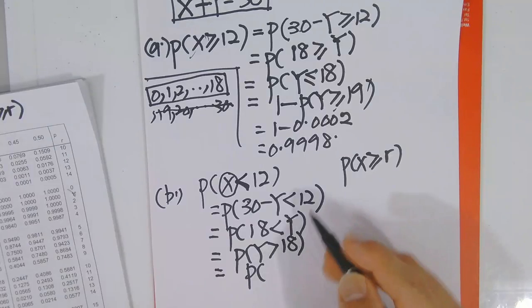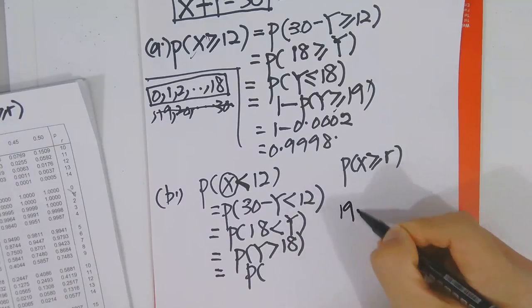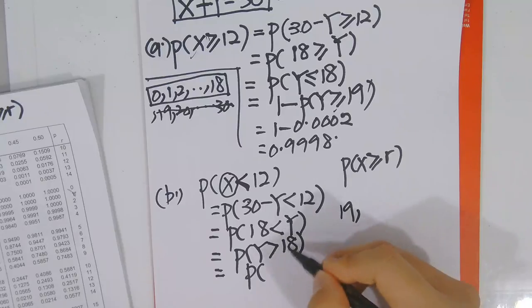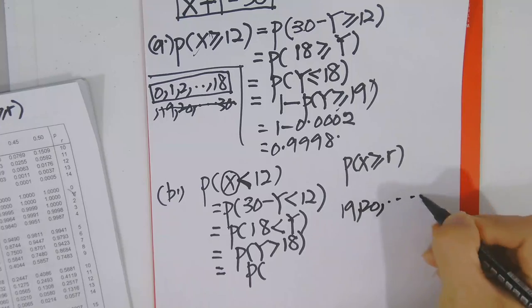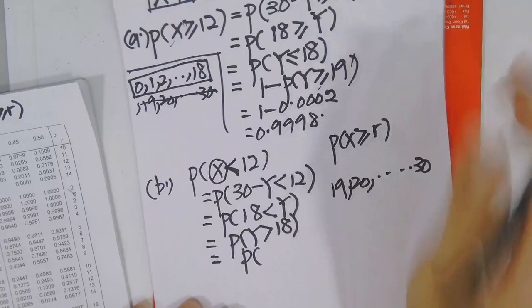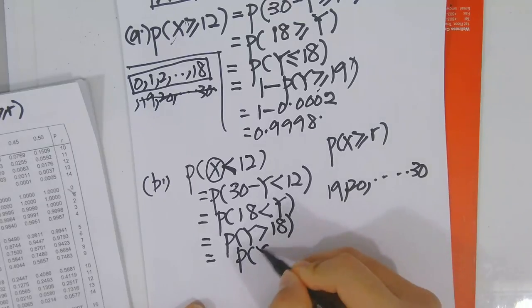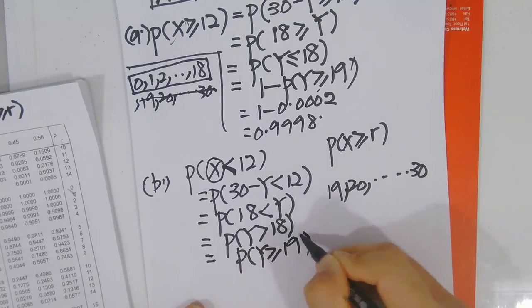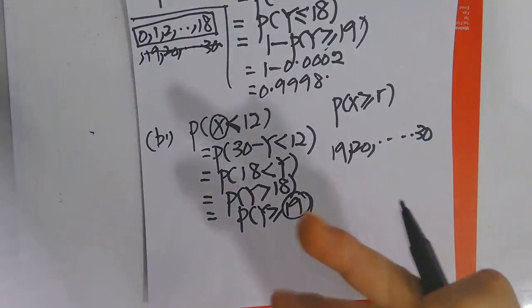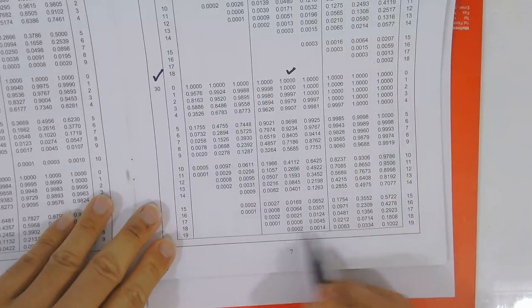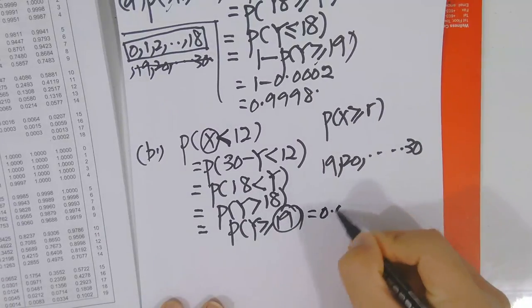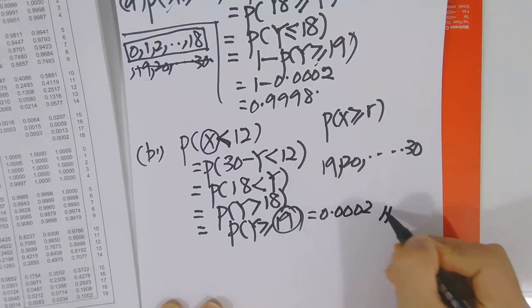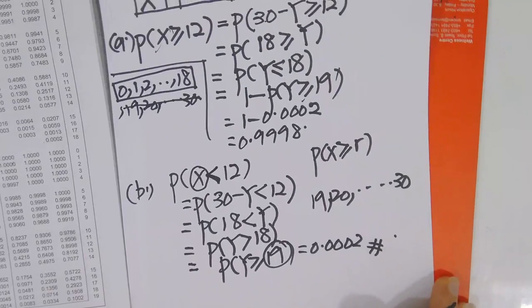So the next number here, more than 18, will be 19. They want the value of y greater than 18, meaning start with 19, 20 up to 30, right? So they want to start from y at least 19. This is the value that you're going to read from the statistical table, same as this, 19, which will be 0.0002, right? That's the answer.